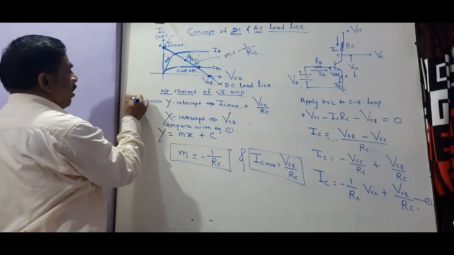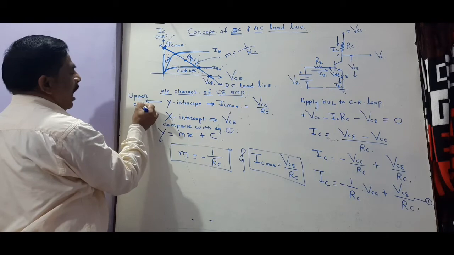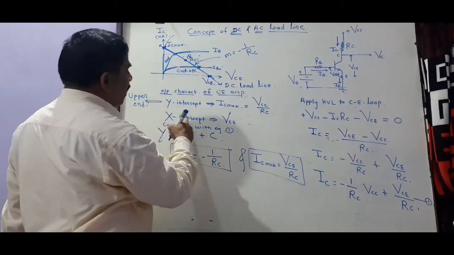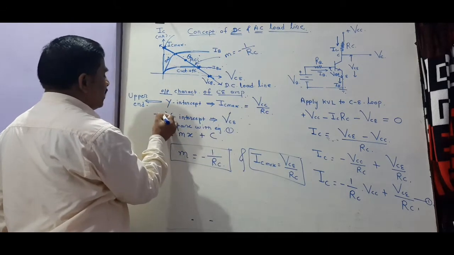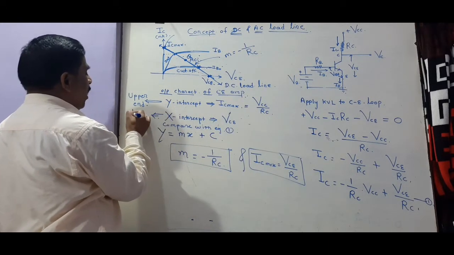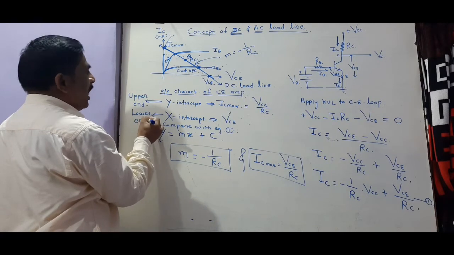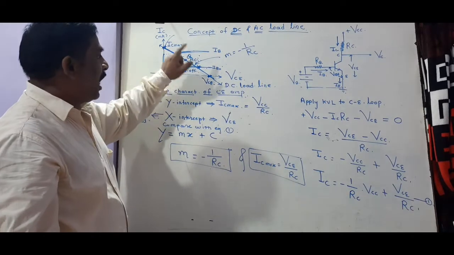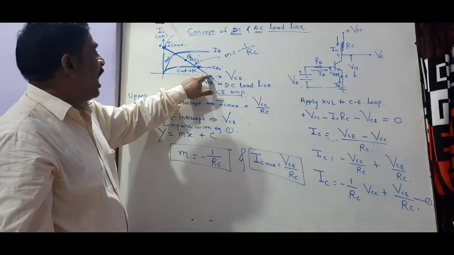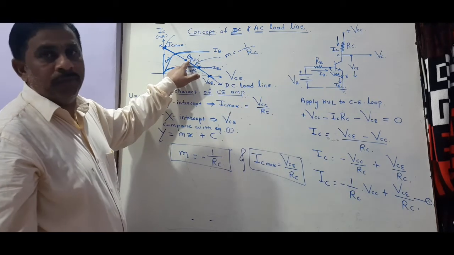And the x-axis intercept, VCE equal to VCC, is called the lower end of the DC load line. So this is the upper end and this one is the lower end, and in between these two ends there is the operating point Q.